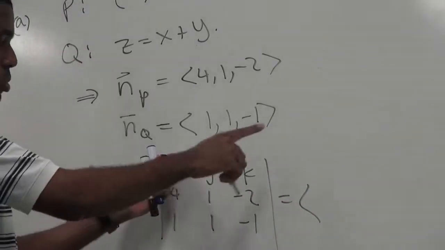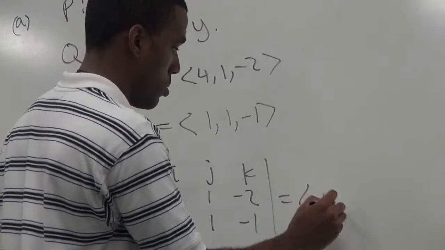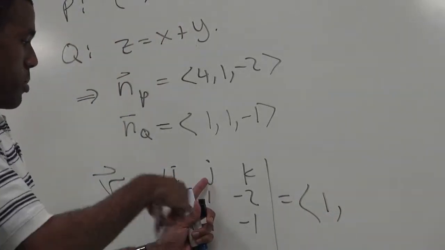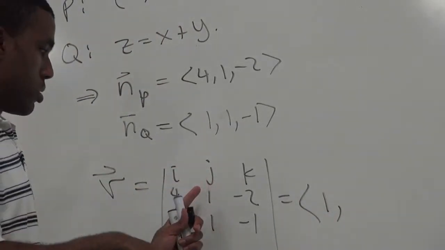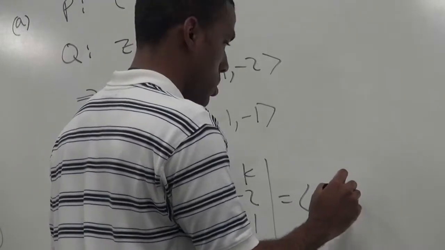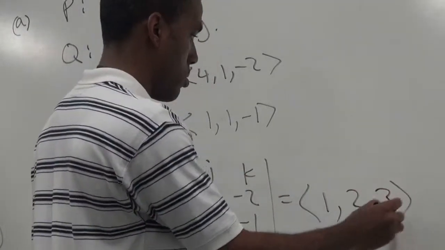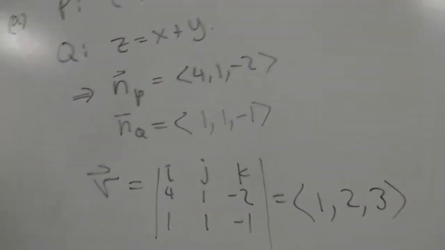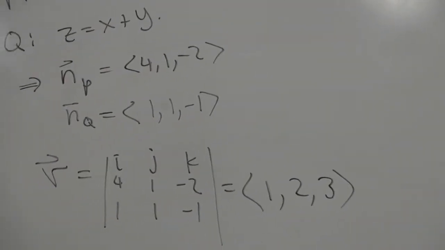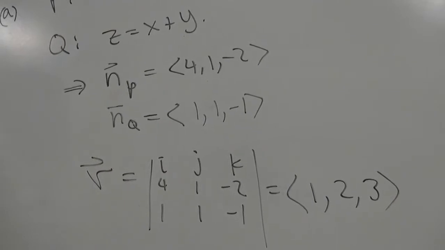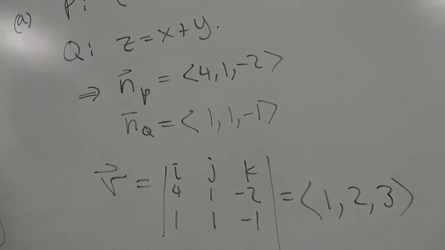So that's -1 plus 2, this is -4 plus 2, 4 minus 1 plus 2. Okay, so how do we find the line of intersection?